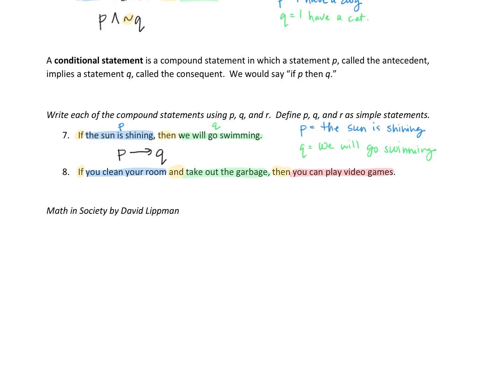So now we have P, Q, and R. So P will be, you clean your room. Q will define as, you take out the garbage. And then R, we can define as, you can play video games.